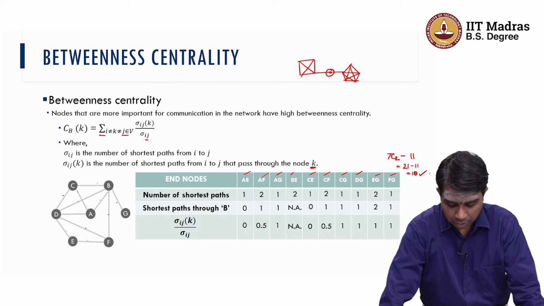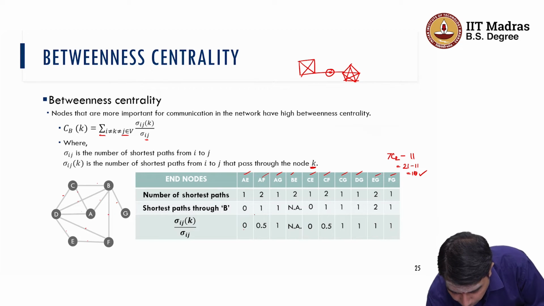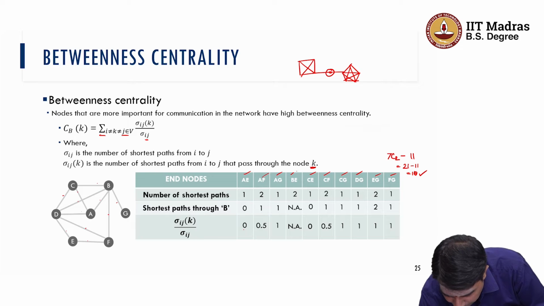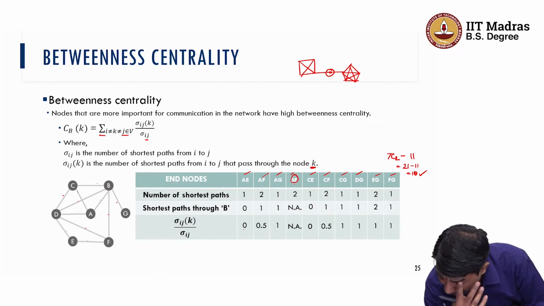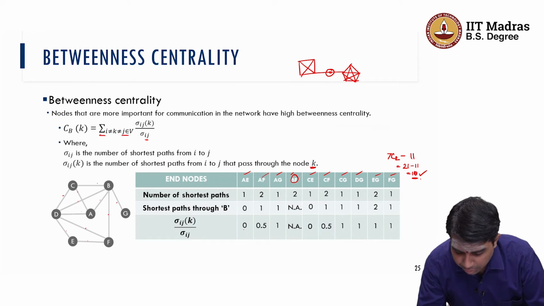So, now these are the values. So, you have 0 from here, 0 by 1, 1 by 2, half, 1 by 1, 1. This is ignored because this is a terminal node. It is still convenient to reckon it because it tallies with this number, right.